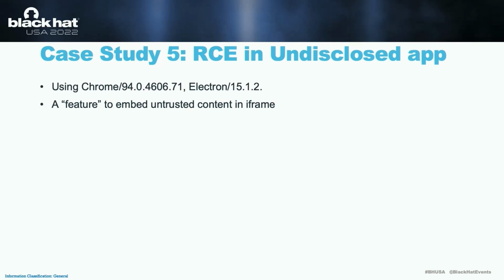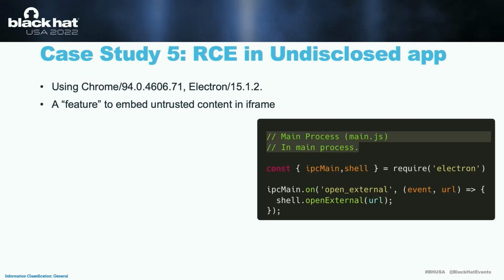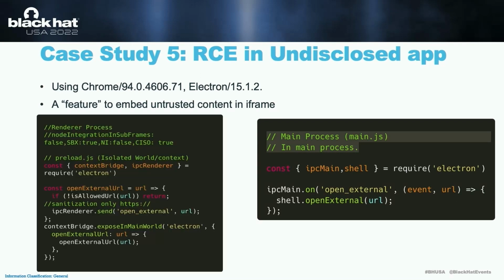We found a feature to embed untrusted content in an iframe in this application. In the main process, again, you can see open_external is a channel, which is a dangerous sink. On the preload, we have something known as isAllowedURL, a function that performs an allow list check.